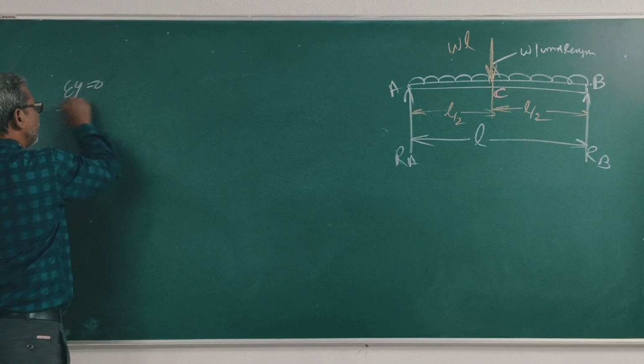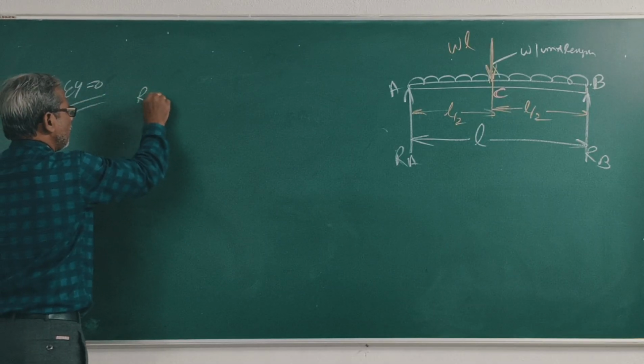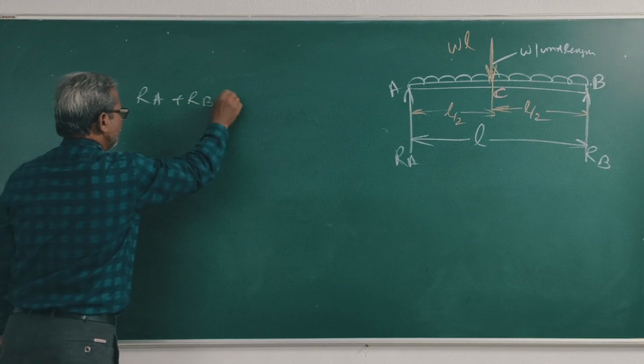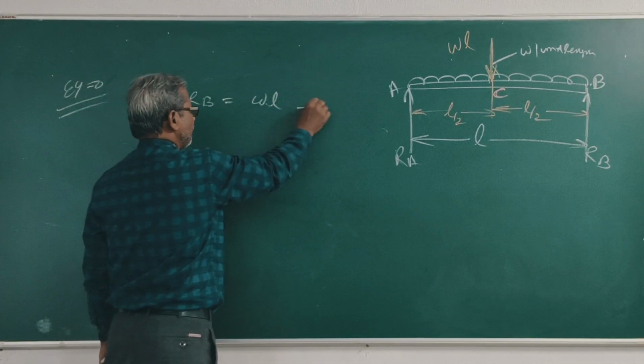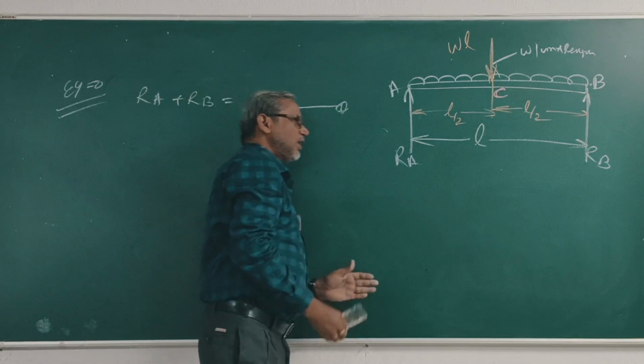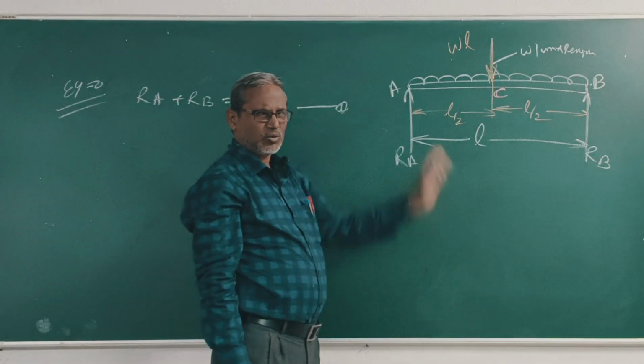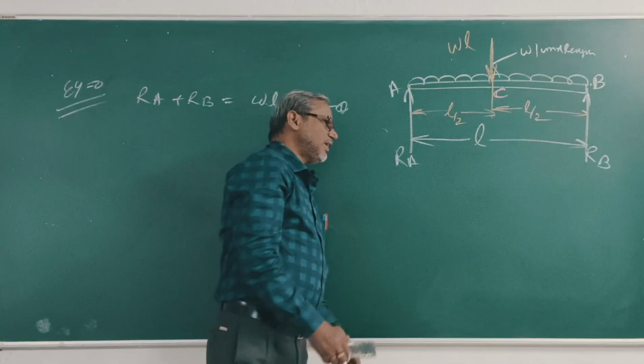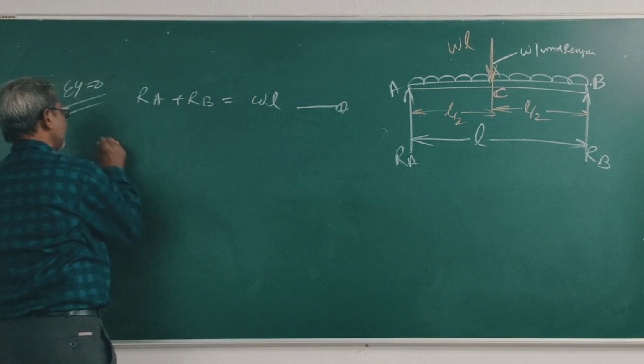Sigma Y equals 0: RA plus RB is equal to wL. Equation 1. Clear? Take moment about A.